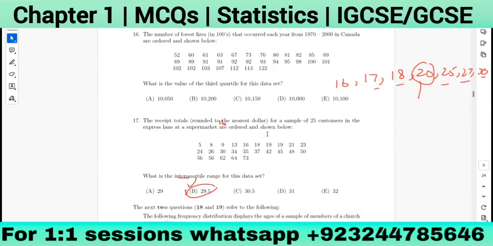Question number 16. The number of forest fires that occurred each year from 1970 to 2000 in Canada are ordered and shown below. So finally they ordered them for us. Okay. So what is the value of the third quartile for this data? First of all, we need to find the median.